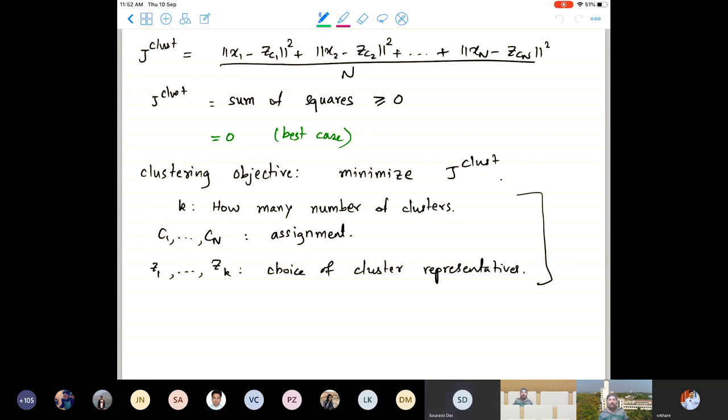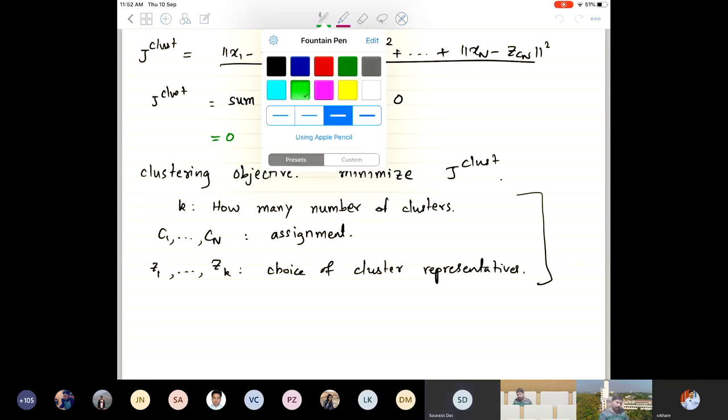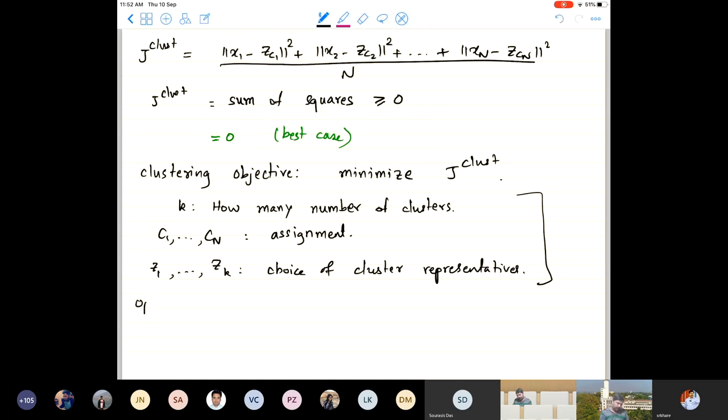So the optimal clustering, and you have suboptimal clustering. There are two things going on here: optimal clustering and suboptimal clustering.